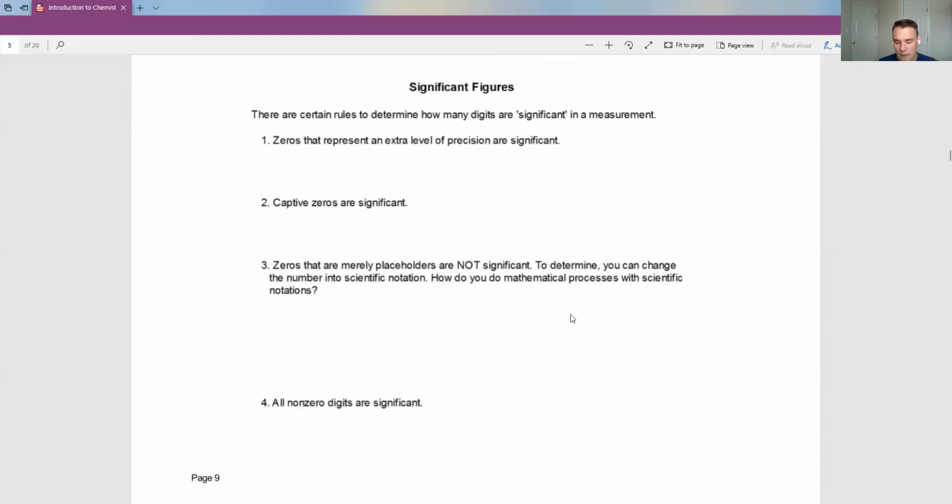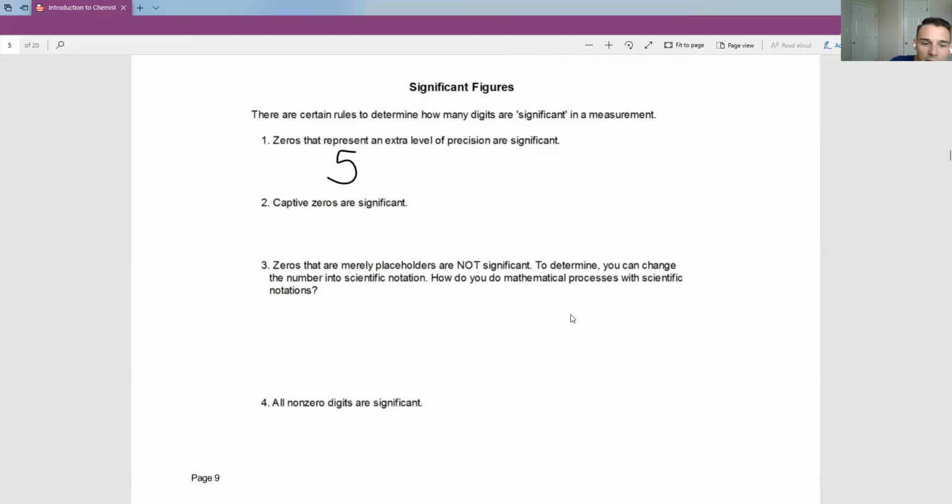But Sig Figs. Sig Figs are important things. So when you take a measurement, there are a certain number of digits within a number that are significant or important to them. And there are rules to follow to know how many Sig Figs are in a number. So the first rule for counting Sig Figs, zeros that represent an extra level of precision are significant.